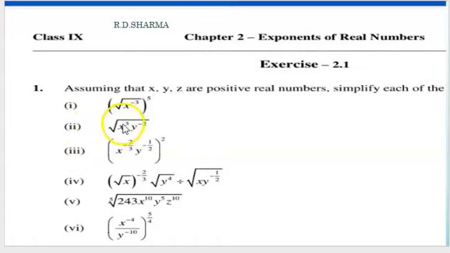It is saying x cube, y raised to the power minus 2. So what I can do, students, is write this as x cube, and this is y raised to the power minus 2. I will take it in the denominator, so this will become y raised to the power 2, and then this whole bracket.